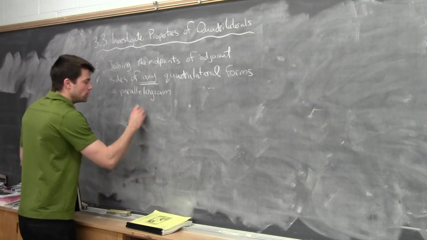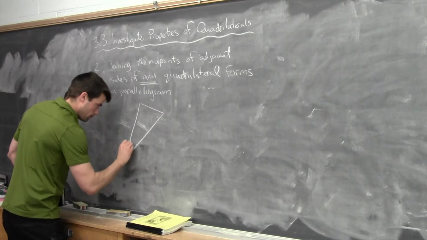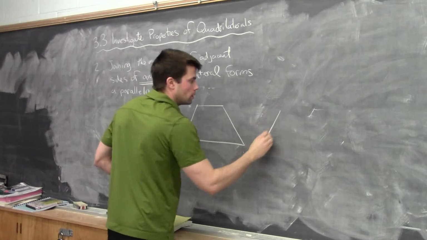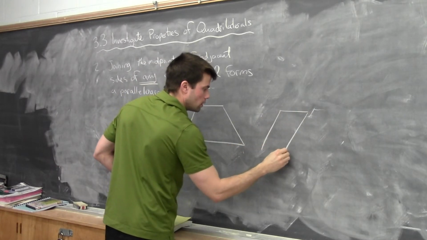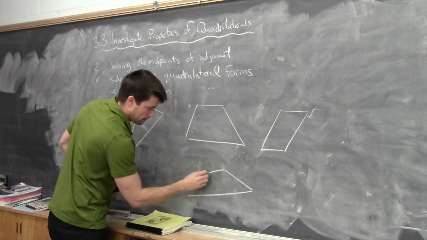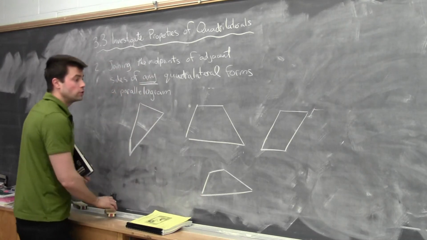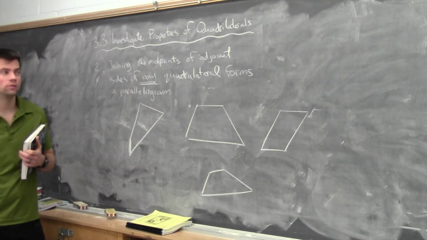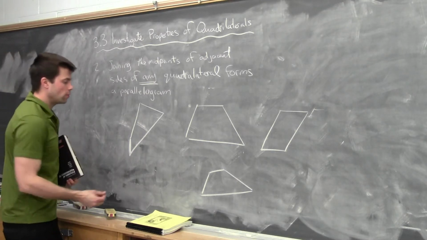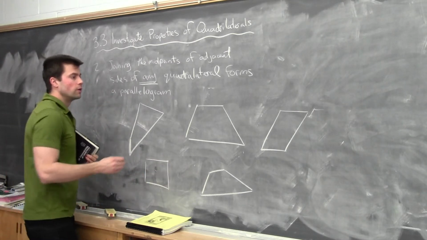So let's just draw a bunch of quadrilaterals here. Okay, so I've drawn all random quadrilaterals. The midpoints of adjacent sides. So any type of quadrilateral, we'll draw a nice even square as well, or rectangle. So I'm going to join the midpoints.